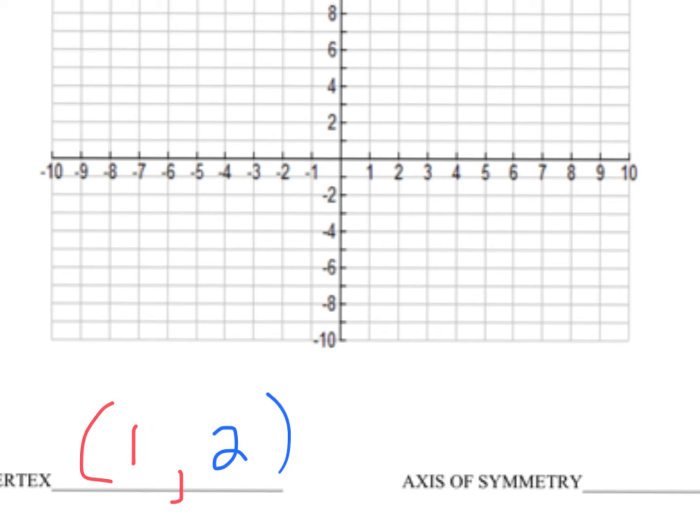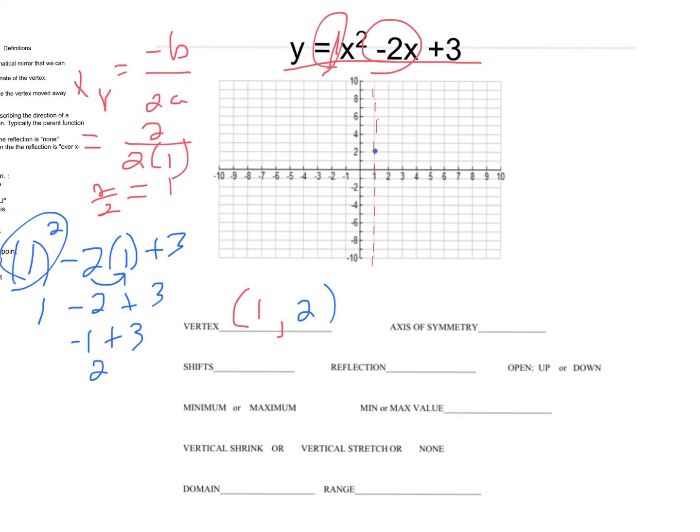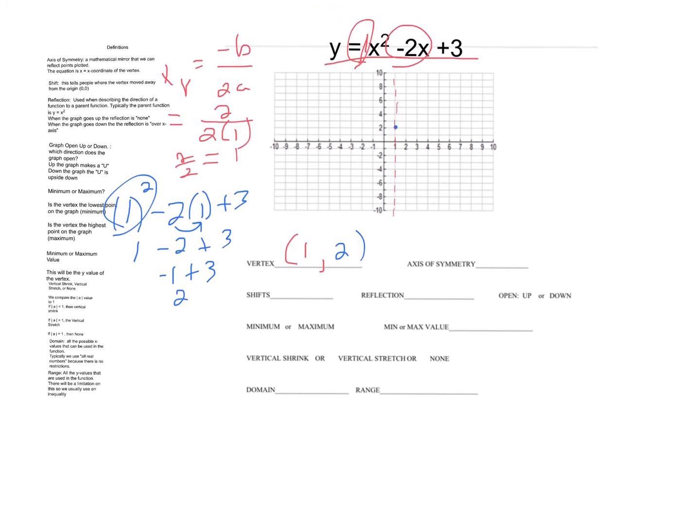Alright, so let's scroll in. Let's plot the coordinate 1, 2. Okay, so over 1, up 2. Right there. Marvelous. Now again, let's not forget, like I did earlier, the axis of symmetry. Alrighty. Now, from here we've got to figure out how this thing is going to move.